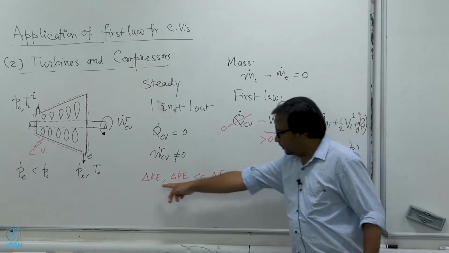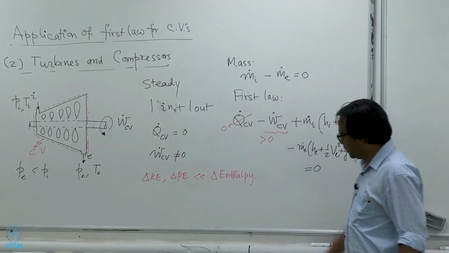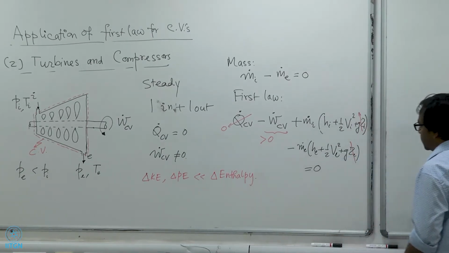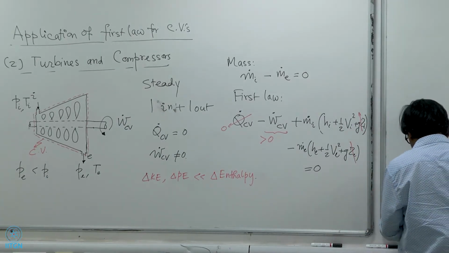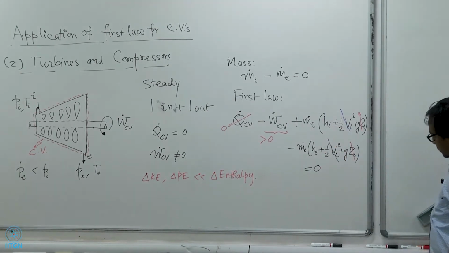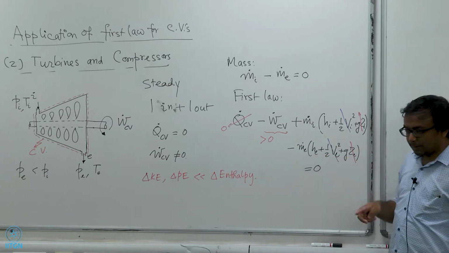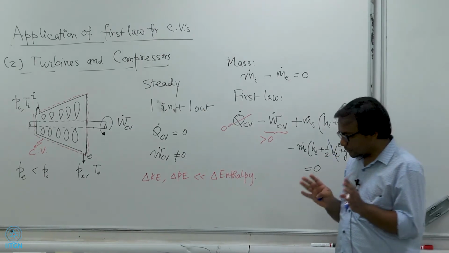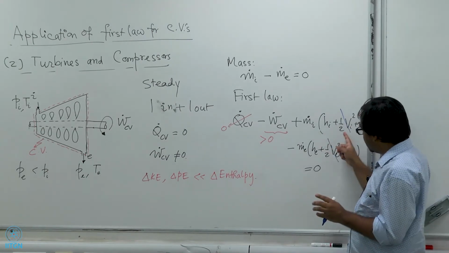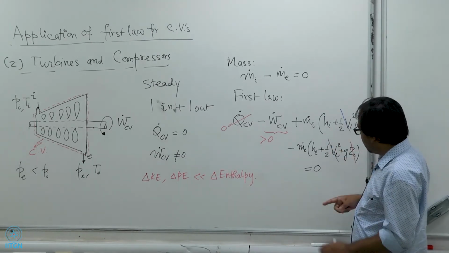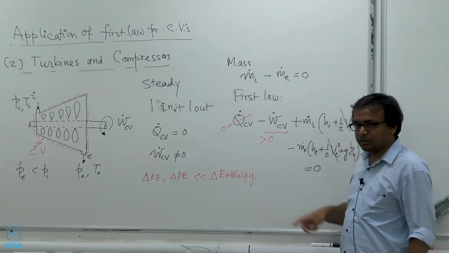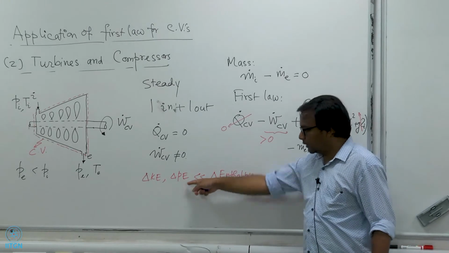That is why delta KE and delta PE are far smaller than the change in enthalpy, so I can safely neglect these two terms. Remember that delta KE and delta PE are not absolutely 0, they are non-zero, but the change in kinetic or potential energy is far smaller compared to the change in enthalpy. That is what we have written here.